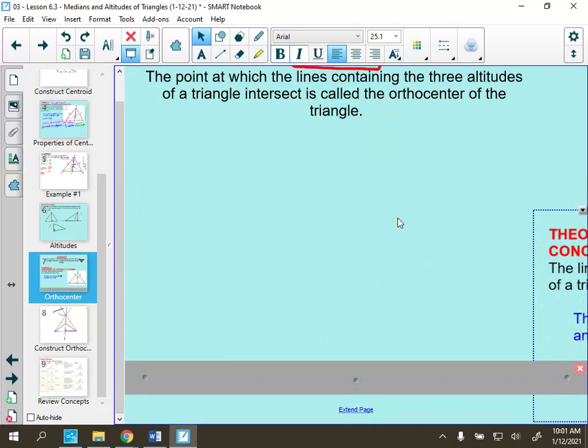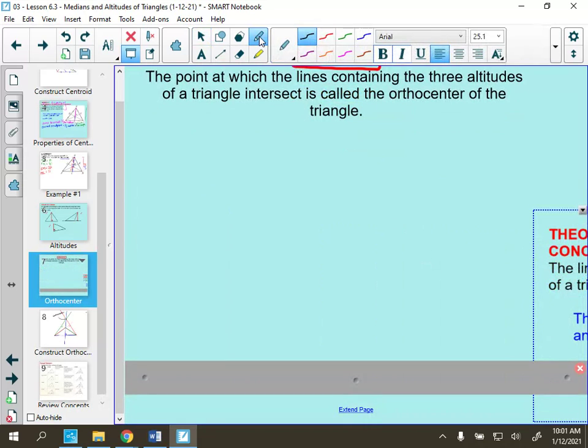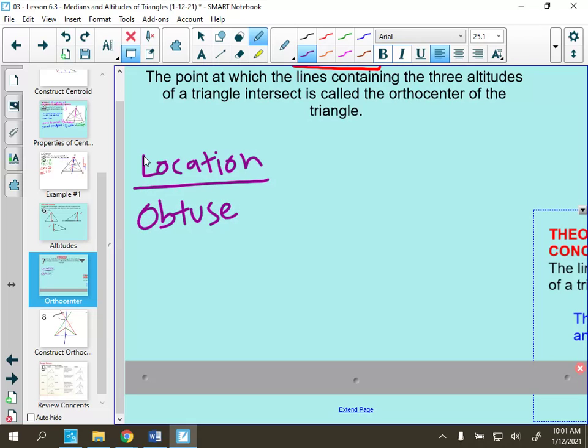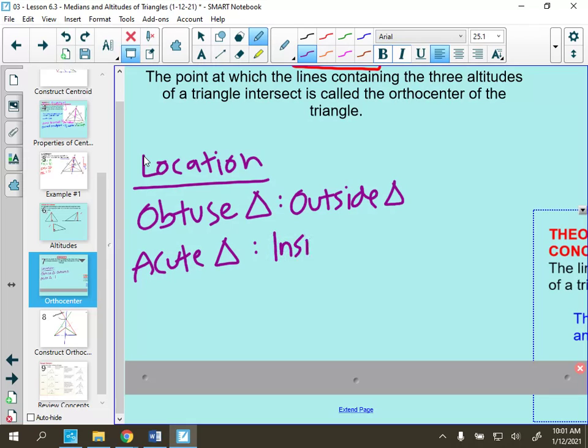Let's just say this: location for this is orthocenter location. Okay, let's do the same order. We did obtuse. In an obtuse triangle, the orthocenter is going to fall outside the triangle. For an acute triangle, our orthocenter is going to fall within or inside the triangle.